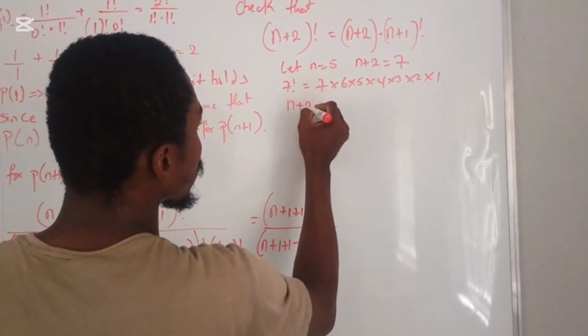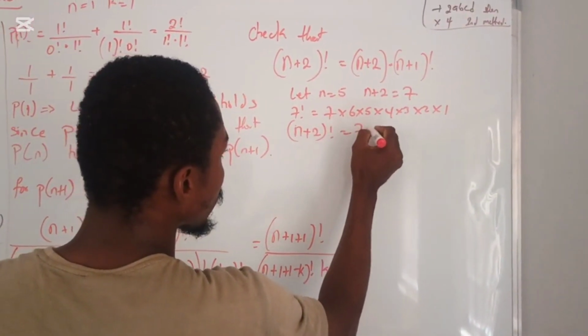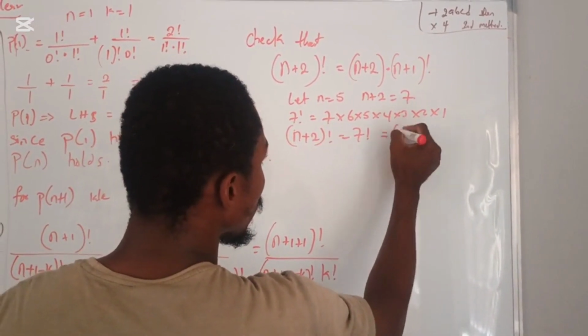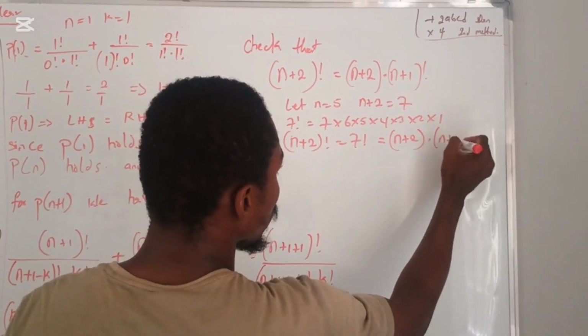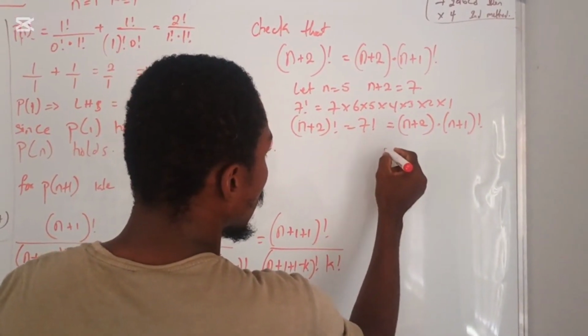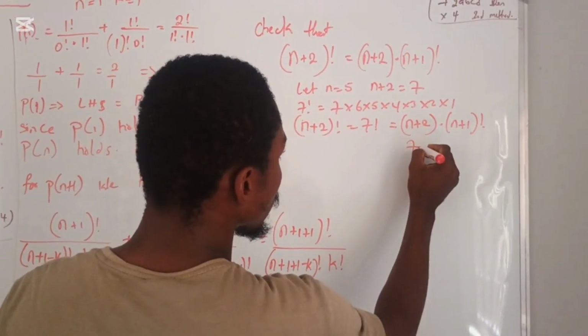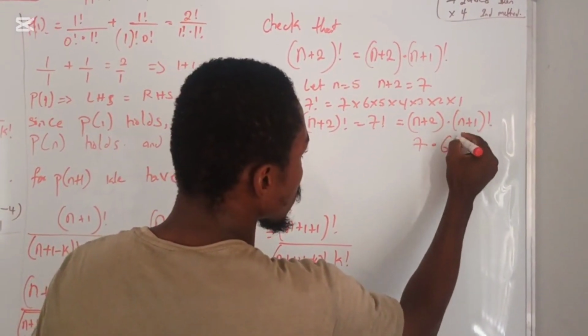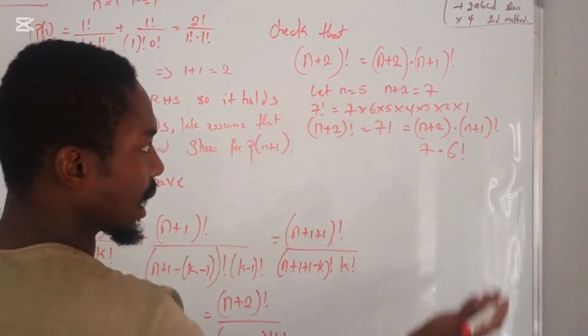Now, n plus 2 factorial, which is equal to 7 factorial, is equal to n plus 2 multiplied by n plus 1 factorial, which is the same thing as 7 multiplied by 6 factorial. You see that they are the same thing.